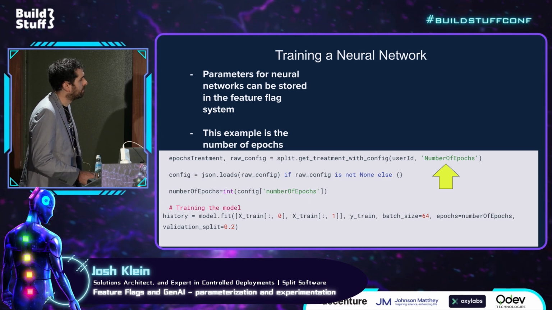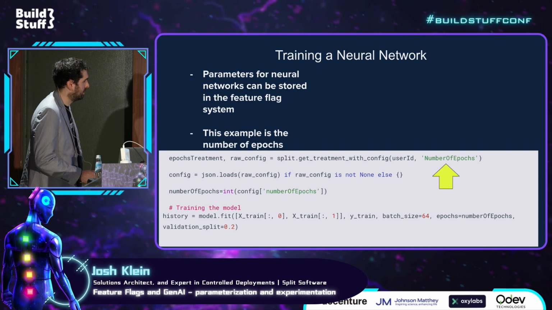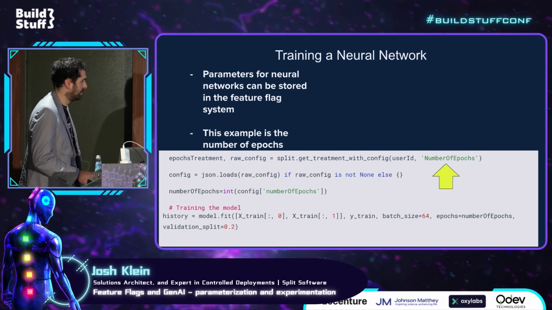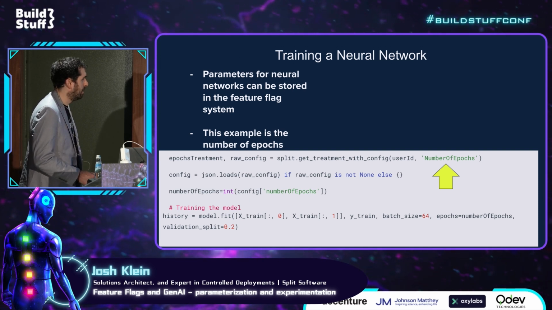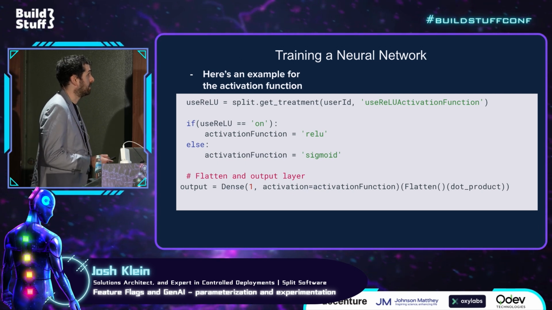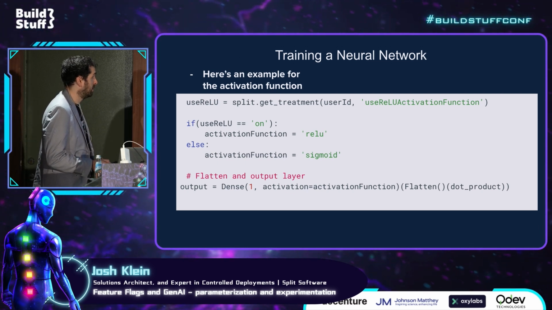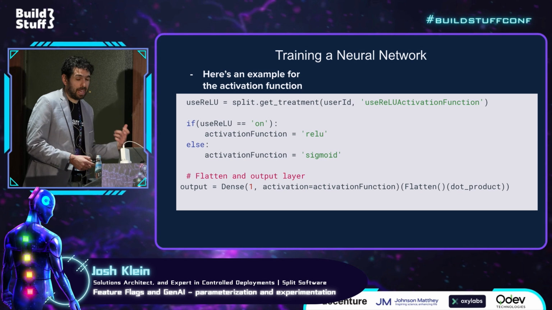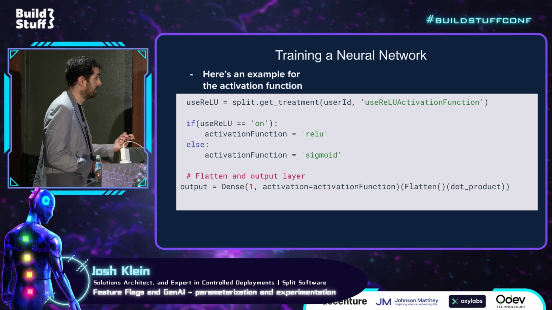So get treatment with config here, number of epochs, change it with json.loads for those who are using Python or familiar with it, and then get the number of epochs out of the feature flag parameter store, and pass that into the function. Some other things to think about: if you're training a neural network, you can change the activation function. Do you use the sigmoid or not?